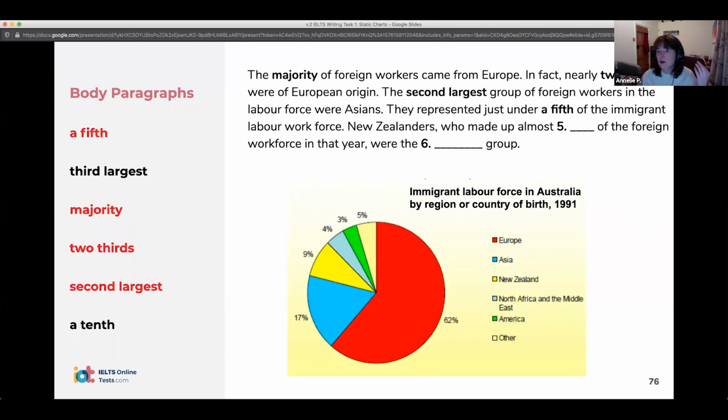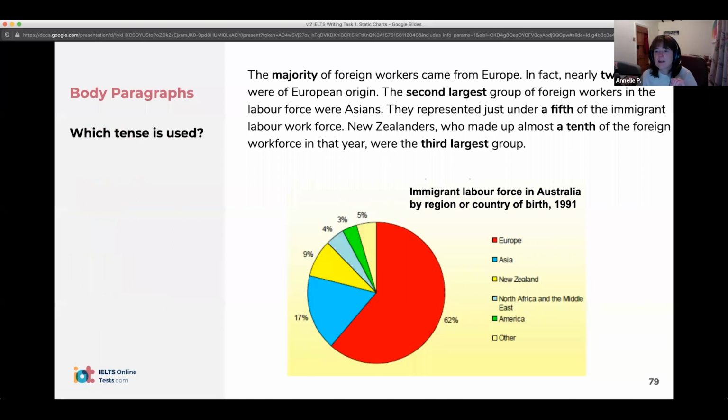So again, we're not writing the percentage, we're using a fraction and approximate language and giving the exact information. And then we move down to New Zealanders, the third group, and they made up, okay, almost a 1/10, which was the third largest group, exactly. Okay, so again, we've got the language and we've got the figures there.